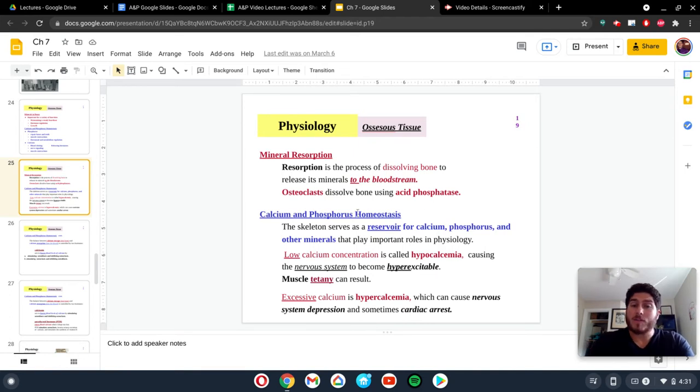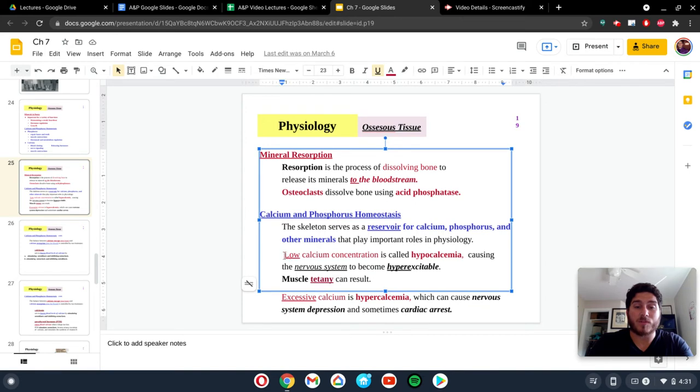That said, calcium and phosphorus homeostasis. The skeleton serves as a reservoir. This is exactly what it said. It's going to serve as a reservoir, or kind of like a bank, for our calcium, phosphorus, as well as many other materials. As an example of the importance here, if we have a low calcium concentration, also known as hypocalcemia, hypo is low, calcemia, this is going to cause our nervous system to be extra excitable, hyperexcitable.